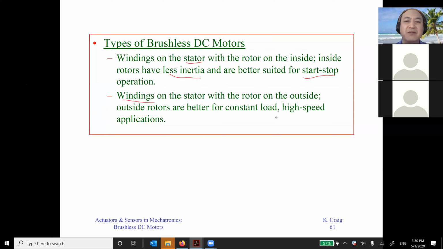Outside rotors are better for constant load, high-speed applications. I want to tell you that this has a name. It's called outrunner. So many of the small drone systems use an outrunner motor. In other words, the stator is inside, the rotor is outside.